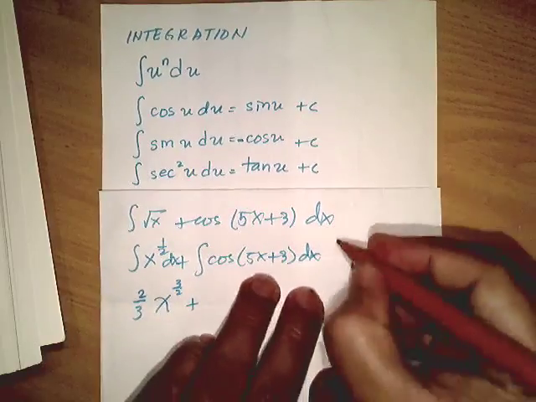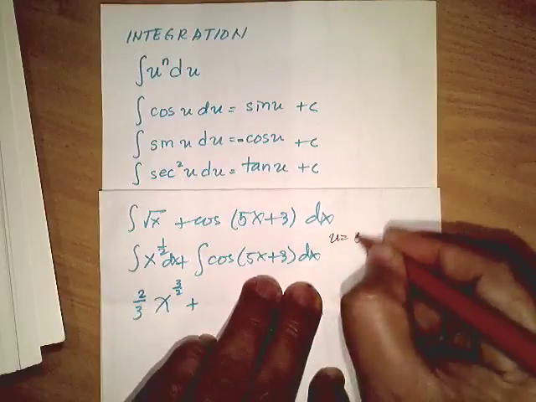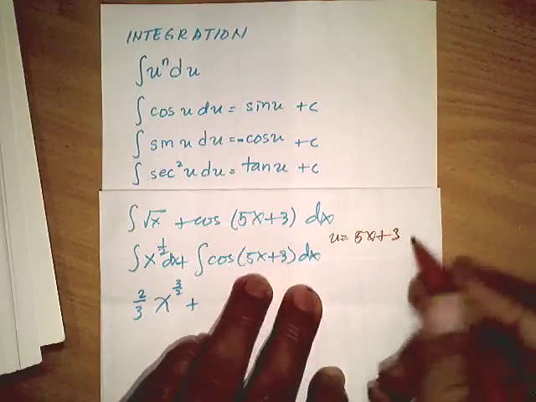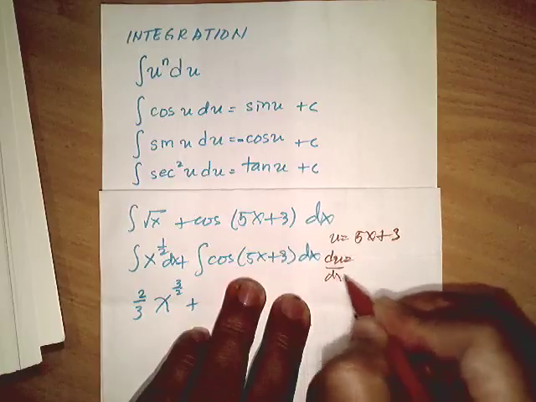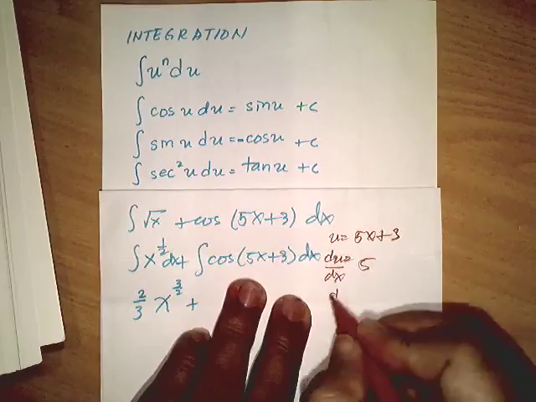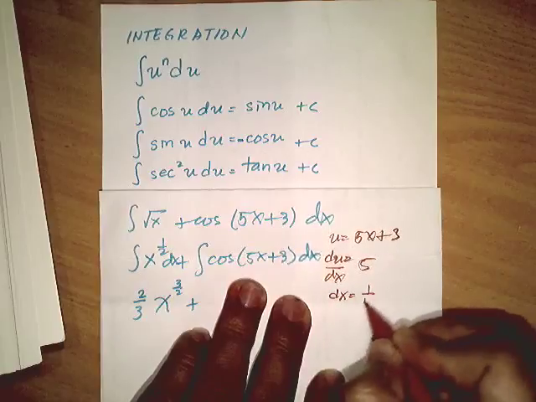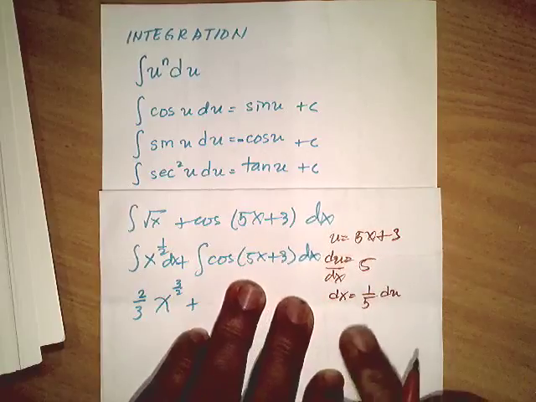On this side, your u is 5x plus 3. Your du with respect to x is 5. Therefore, your dx is 1/5 du.